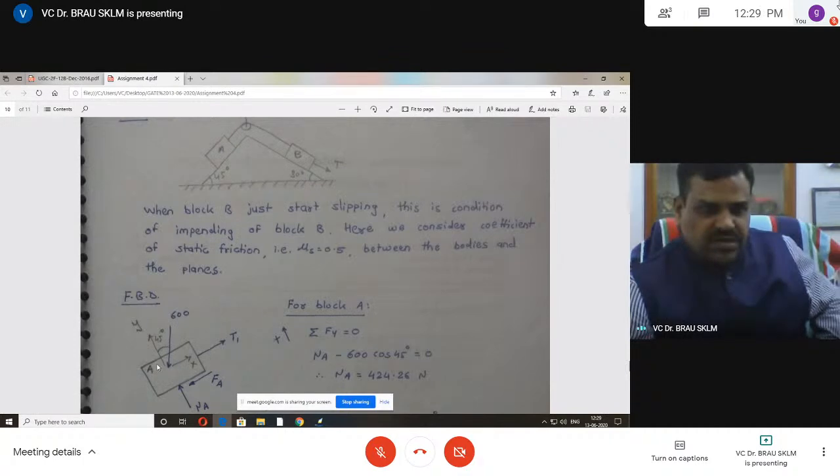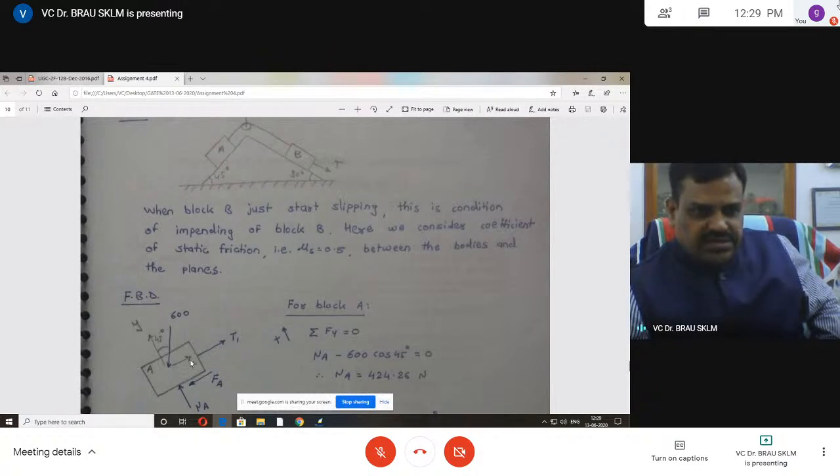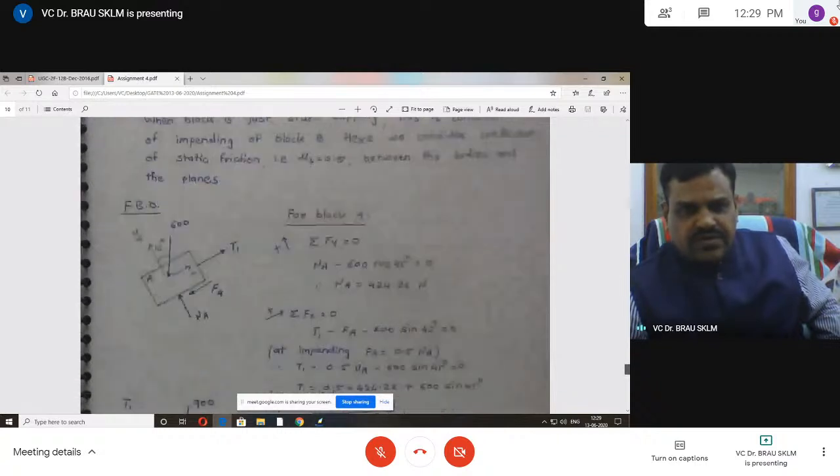Now what is the equation? Let us consider this free body diagram, along X and along Y, that is, along the plane and perpendicular to the plane. Along X: T1 minus FA minus 600 sin 45, since 600 sin 45 acts along the plane. This is the equation in the X direction. In the vertical direction: NA upward positive, 600 cos 45 downward negative, so NA equals 600 cos 45.